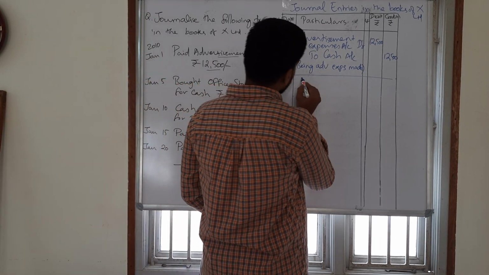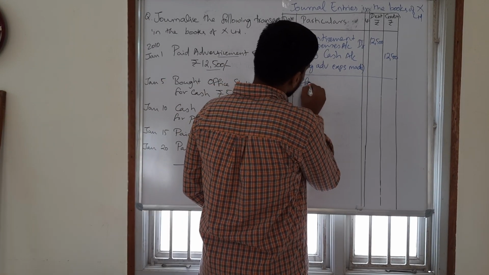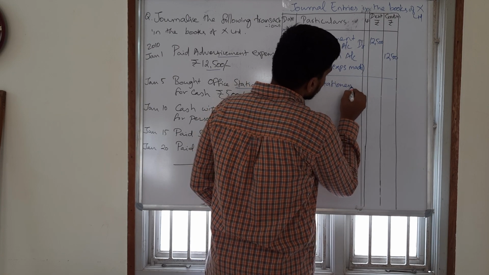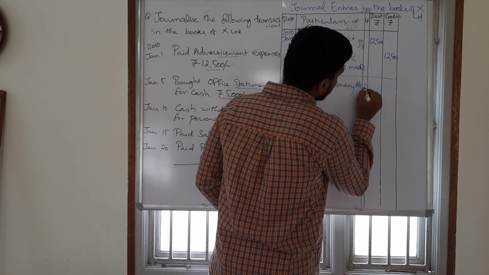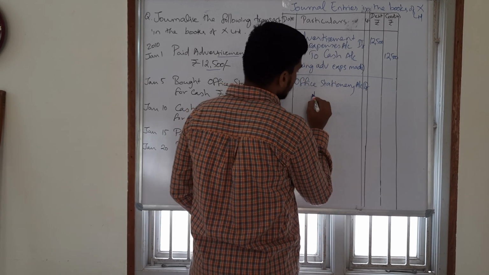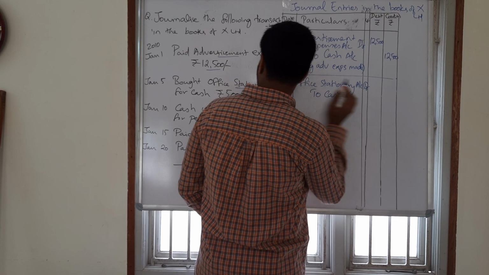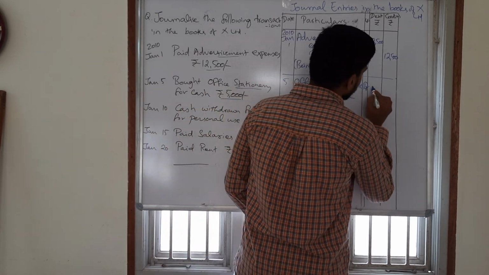So office stationery account debit to cash account. How much? 5,000 is the amount.